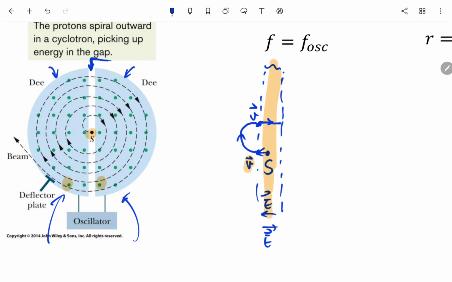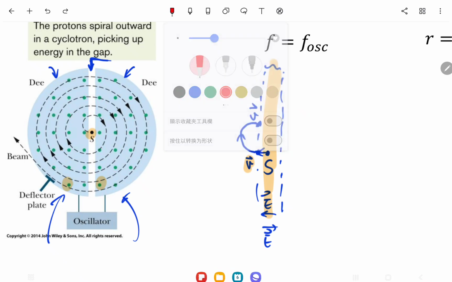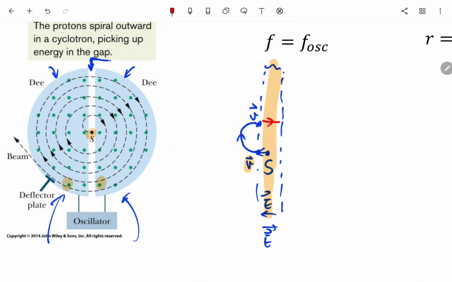But at this moment we change the E field to point to the right side. Let me draw that line in red. So I make the E field point to the right side, and this E field will accelerate the particle in this region.